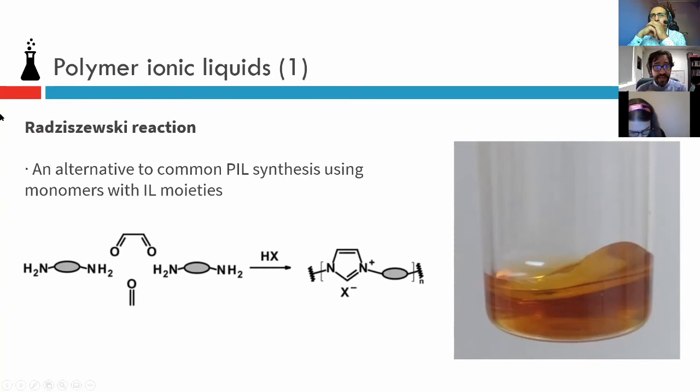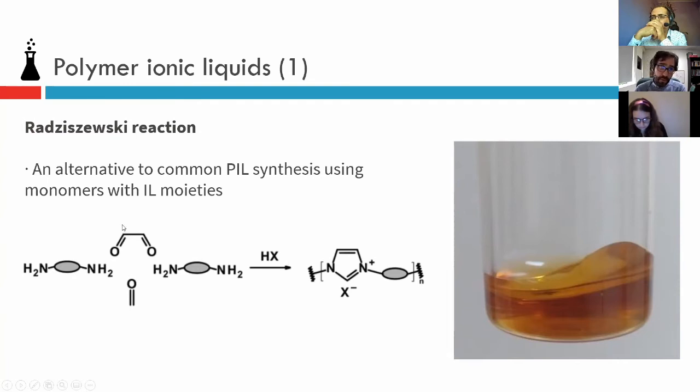The Radziszewski reaction uses a diamine. We commonly use hexamethylene diamine. So we have here 2 molecules of this diamine. We are using glyoxal, formaldehyde, and an acid, in our case, acetic acid.